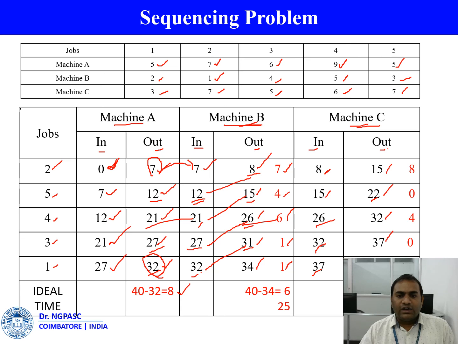And 40 minus 34 is 6. Adding these values we get 25. Next, the idle time for machine C. First enter 8, 15 minus 15 is 0, 26 minus 22 is 4, 32 minus 32 is 0, 37 minus 37 is 0. Adding these values, 8 plus 4 is 12. So the idle time for machine C is 12.